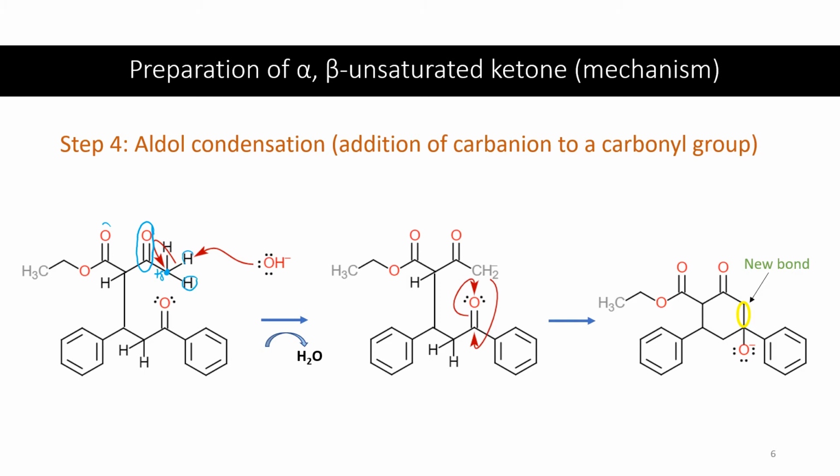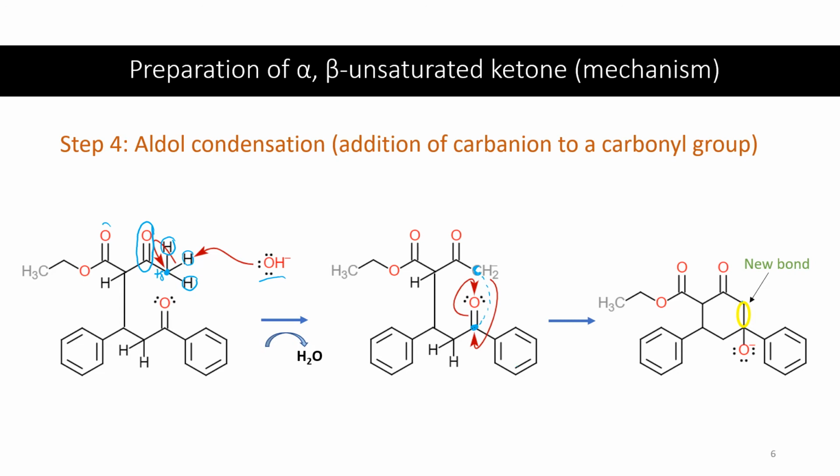Therefore, each of these hydrogens can be considered acidic protons as well, and in the presence of a strong base, one of these hydrogens can be lost, giving a negative property around this carbon, converting it to a carbanion, and that carbanion can undertake a nucleophilic attack on the carbonyl carbon, allowing a new bond to form between this carbon from the carbanion and the carbonyl carbon.